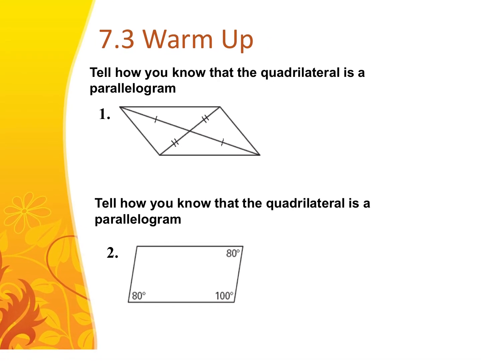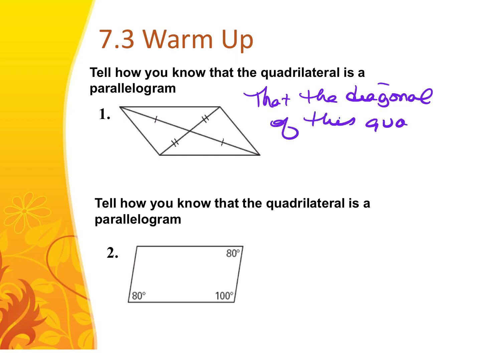So I can either state in words that the diagonals of this quadrilateral are bisected, therefore it is a parallelogram.